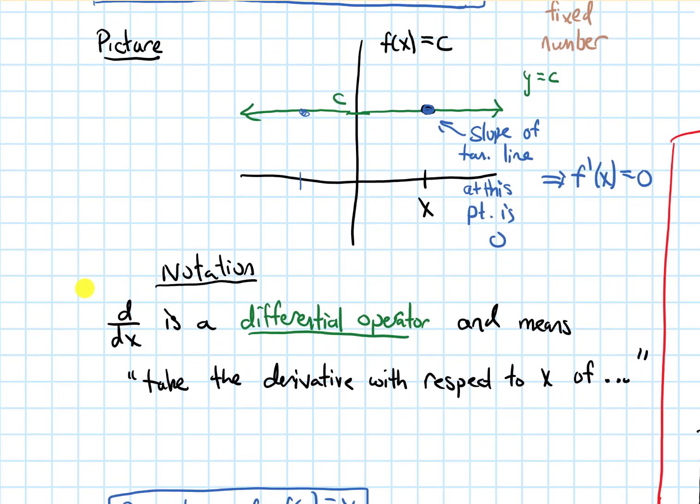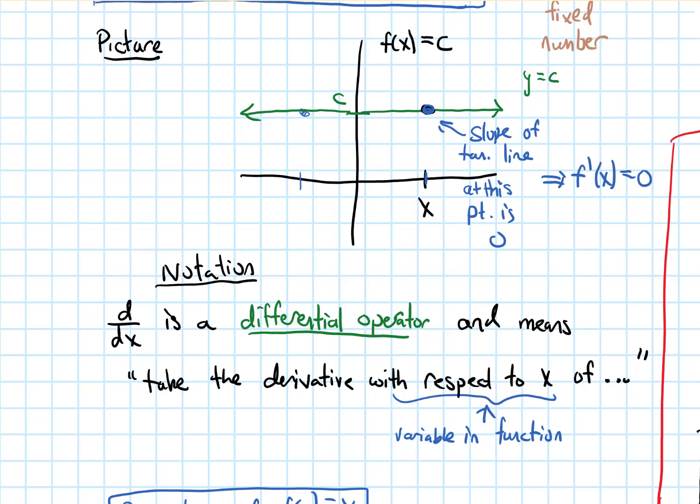When we say with respect to, in this case with respect to x, that means the x is the variable in the function. And we're asking, when we change the x coordinate by a teeny tiny amount, how is the output of my function changing, what is that instantaneous rate of change?